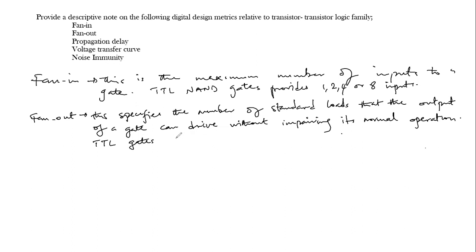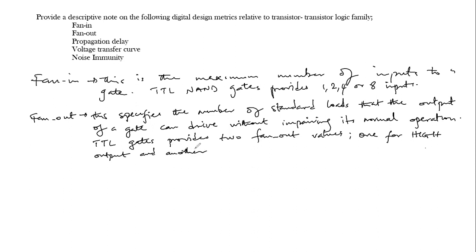TTL gates provide two fan-out values, one for high output, and then another for low output.